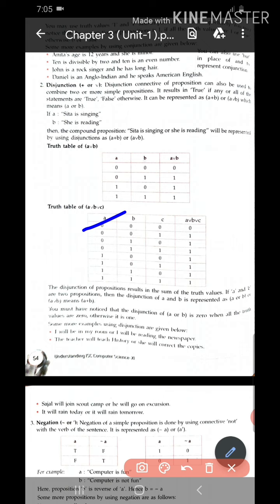See, in all the conditions we are having 1, but in the first condition we are having 0. In this way we are going to have it further.